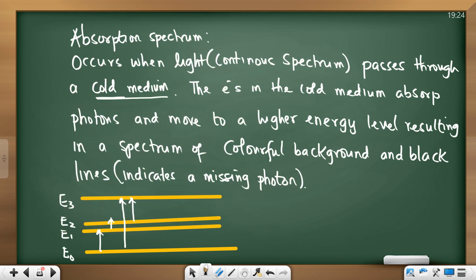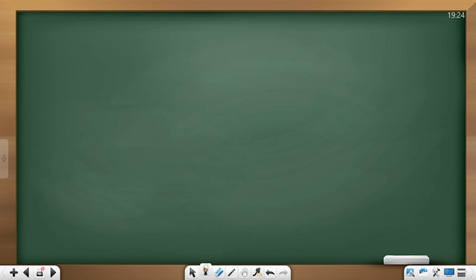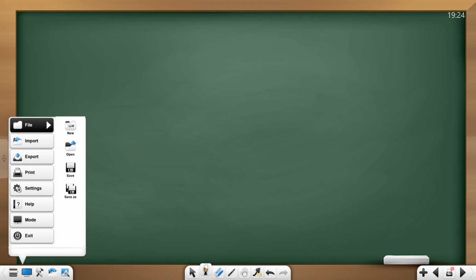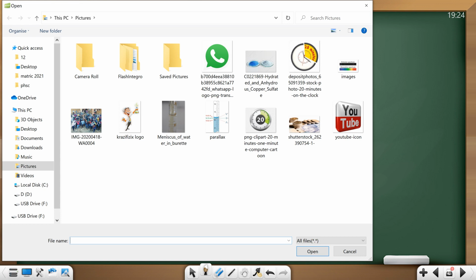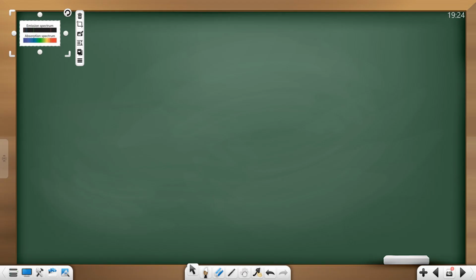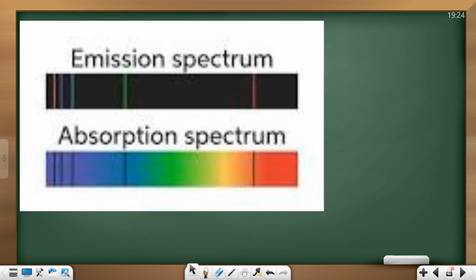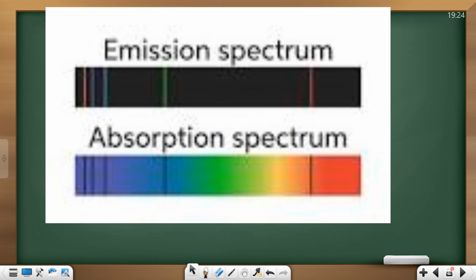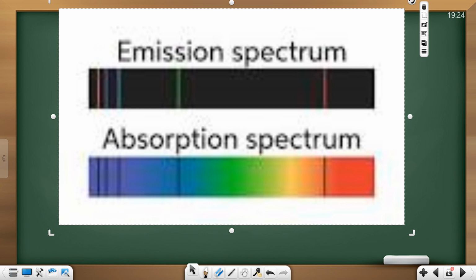All right, let me quickly show you that image that I downloaded so that you can have a good idea of what's going on. When I say colorful lines, it's pixelating. Oh gosh. But I'm sure you can see.